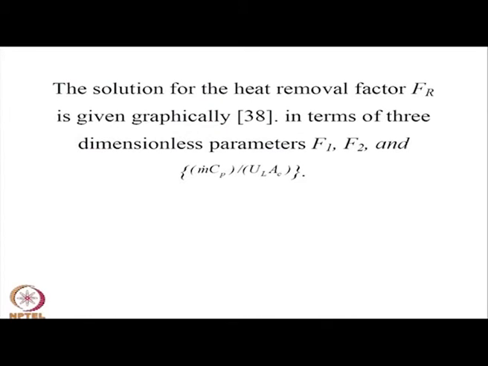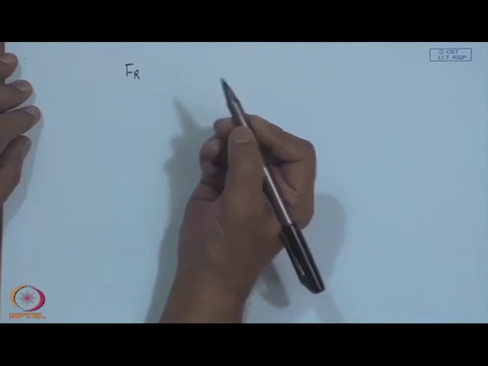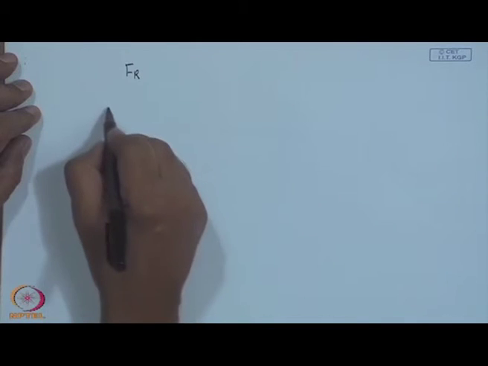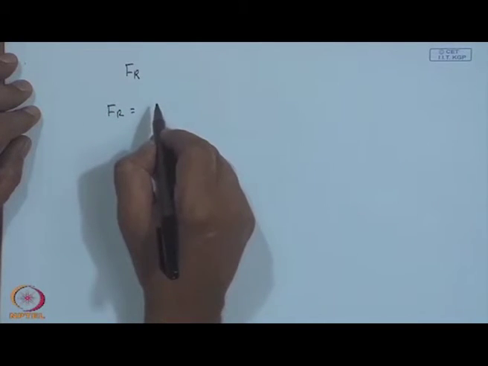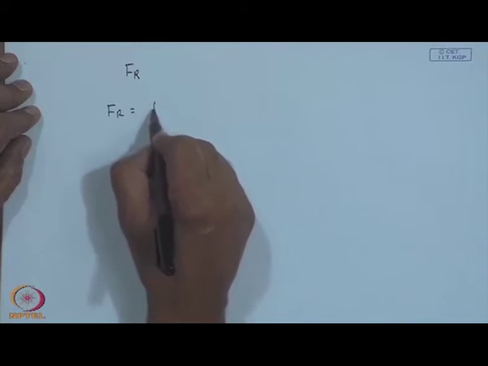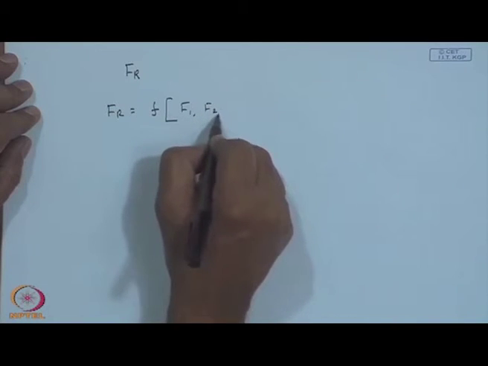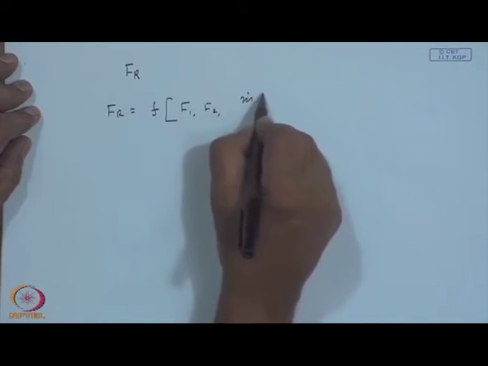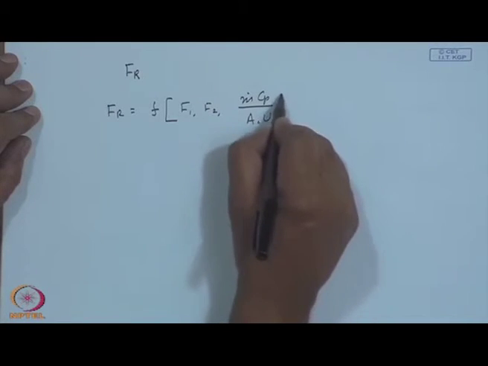And the heat removal factor Fr is not so easy to obtain analytically. So, Fr has been expressed in Abdul Khalik as a function of two dimensionless parameters f1, f2 and m dot Cp by Ac UL.